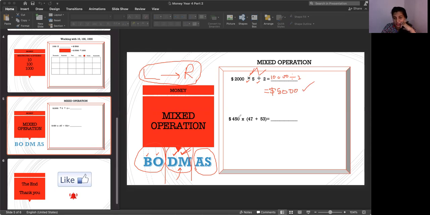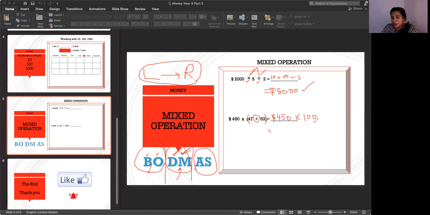In this question, 450 multiplied by 47 plus 53, you see that this is an addition and it sits inside a bracket here. So according to the rules of BODMAS, we have to do brackets first, then only multiplication. So you find the answer for what's in the bracket. You copy back your question, 450 multiplied by 47 plus 53. Now 47 plus 53 is 100, mental maths.